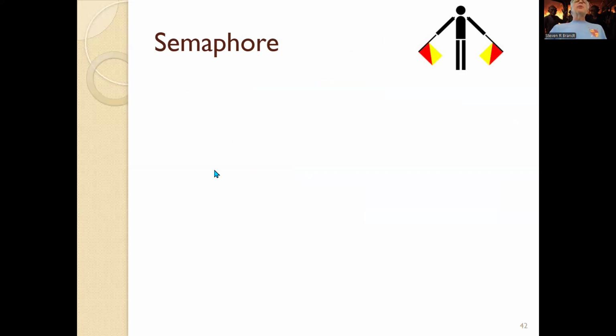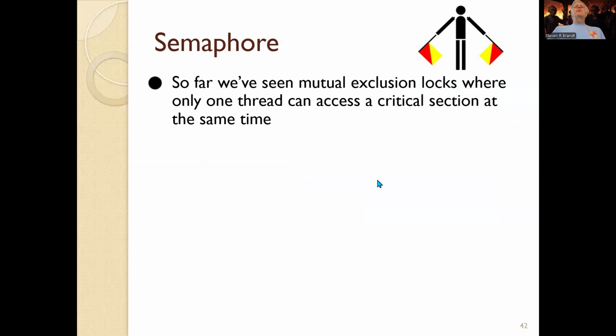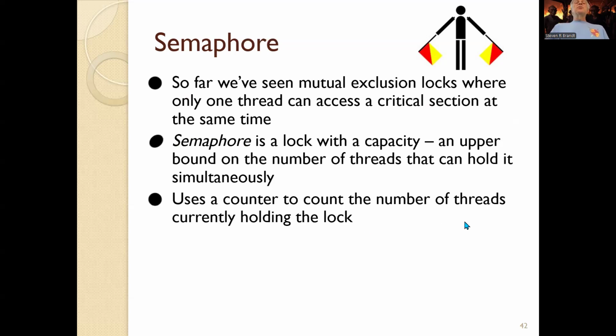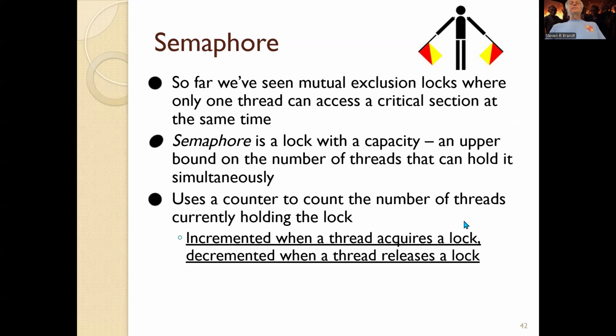All right, so semaphore. So far, we've seen mutual exclusion locks where only one thread can access a critical section at the same time. A semaphore is a lock with a capacity, an upper bound on the number of threads that can hold it simultaneously. It uses a counter to count the number of threads currently holding the lock.